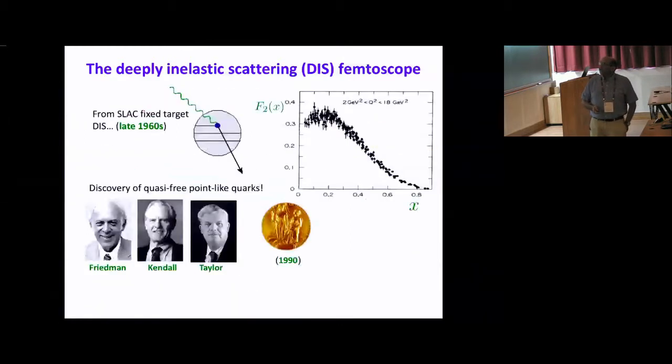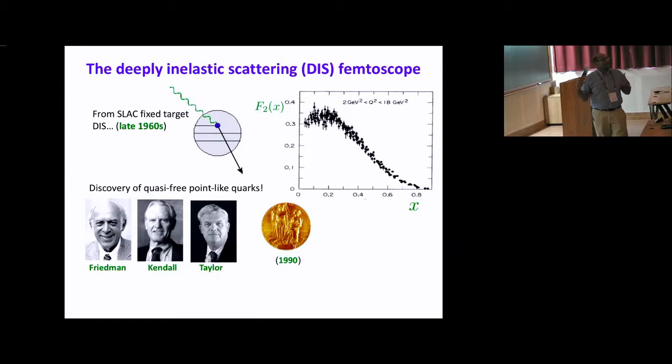Now, as you know, this program was a great success. From the SLAC fixed target experiments that I alluded to earlier, you found that in a certain kinematic region, F2 was independent of Q squared. In principle, it's a function of x and Q squared, but in this kinematic window, it was really some universal function of x, which suggested scaling of distributions.